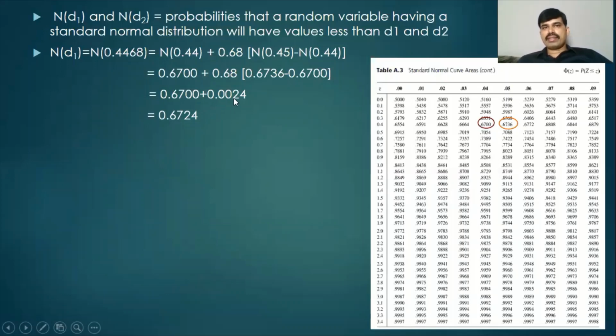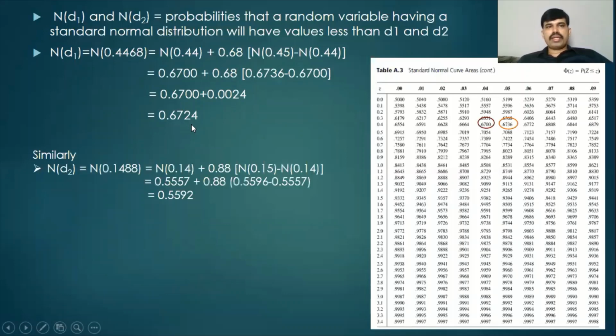So if we add this 0.0024 to 0.67, we get the weightage that is associated with the spot price, which is nothing but ND1, 0.6724. Similarly, when we go for calculating the value of ND2, we know that the D2 value is 0.1488.